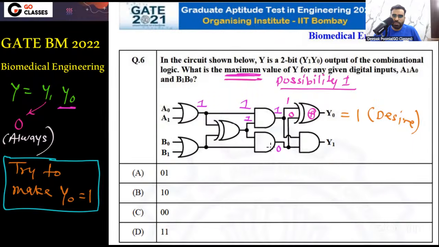Okay, next you can see this AND gate output is 0. What does it mean? It means that at least one of the inputs must be 0. Now notice one thing, for this AND gate the output is 1, so all the inputs must be 1. So here both these inputs must be 1. And remember, this 1 is the output of this XOR gate.